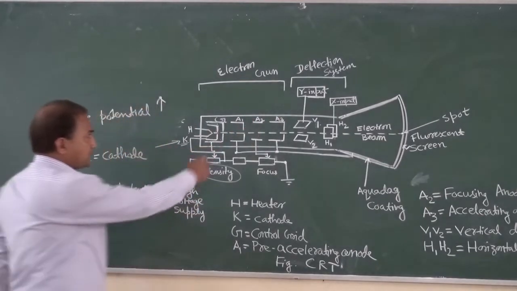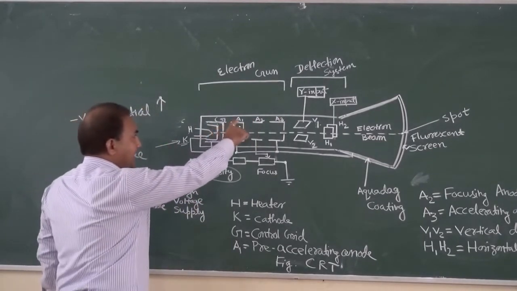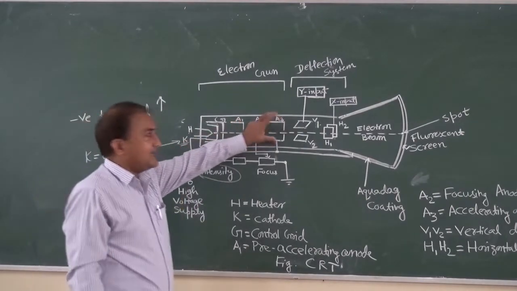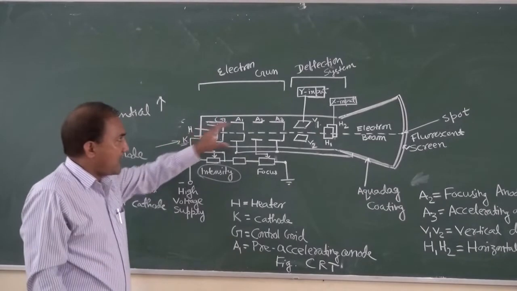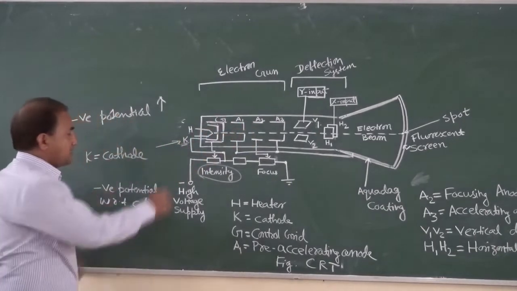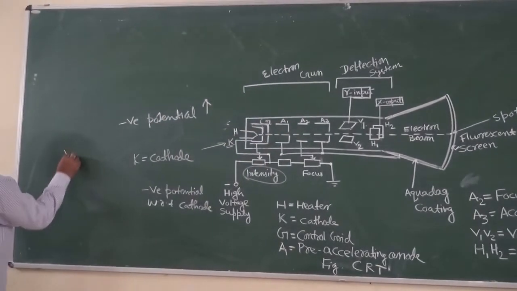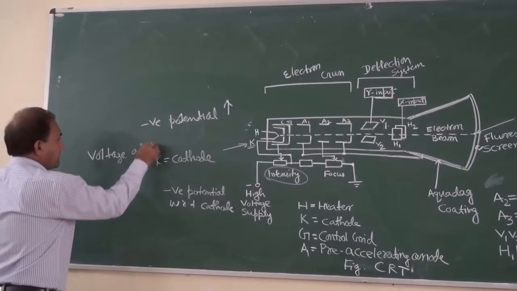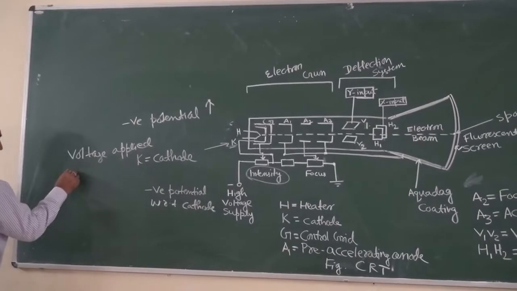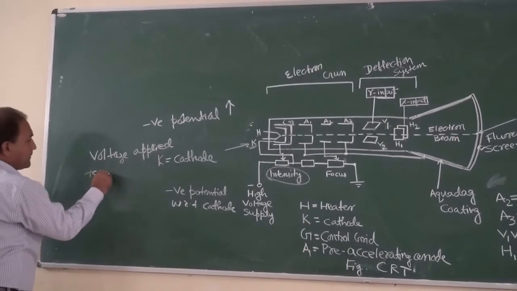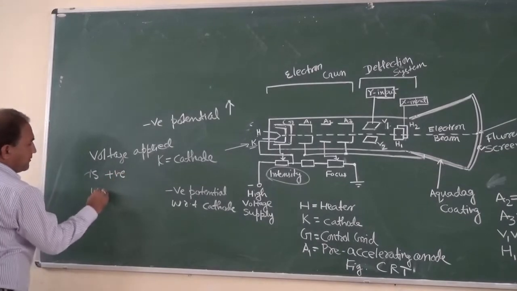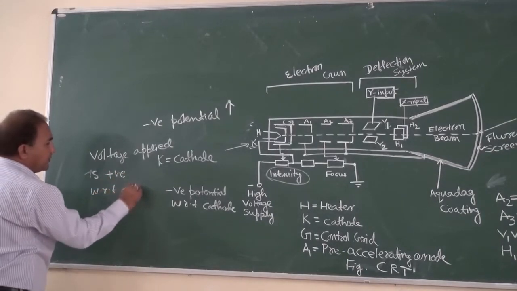You can see that this is A1, A2 and A3. The voltage applied is positive with respect to cathode.